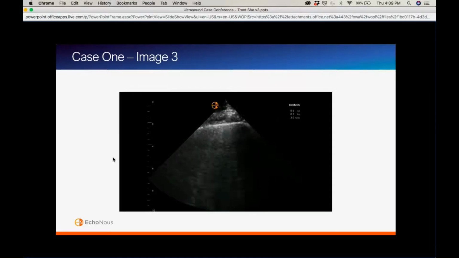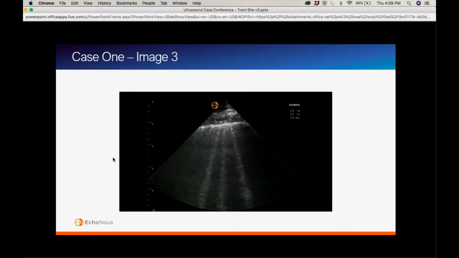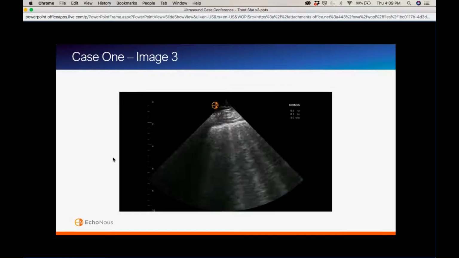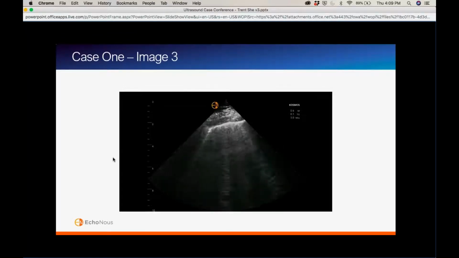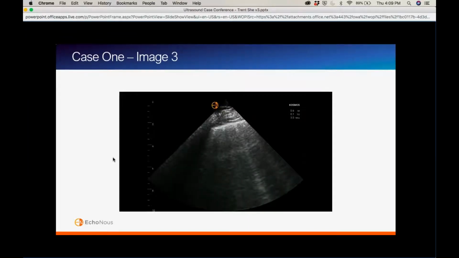But going back to the heart, the left side looked like the function was normal. We didn't see any signs of chronic congestive heart failure. And so we were thinking that potentially she was one of those patients that had a false negative COVID test, unfortunately for her twice.